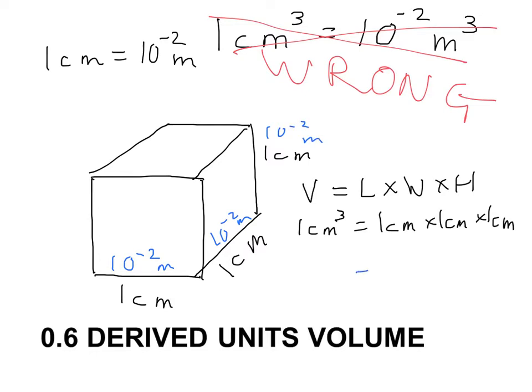In other words, 10 to the negative second meters times 10 to the negative second meters times 10 to the negative second meters, or 10 to the negative 6 cubic meters.